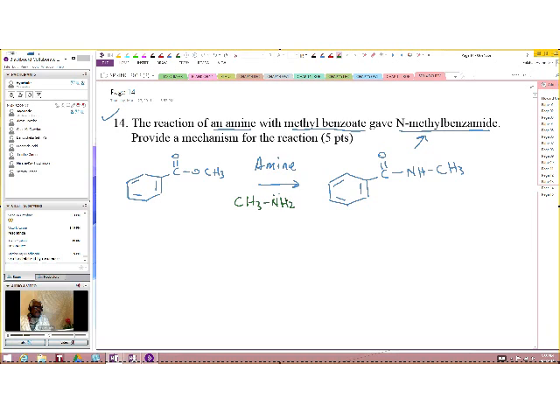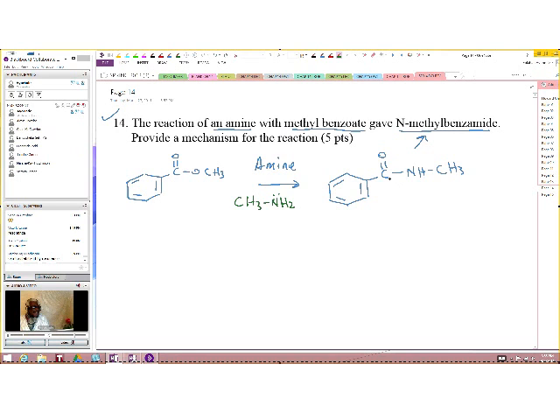So keep this in mind. If you got this in an exam and you simply used any amine that you felt like using, you would be wrong, because you have to use the amine that corresponds to the amine in the product. That is the key to this particular question.